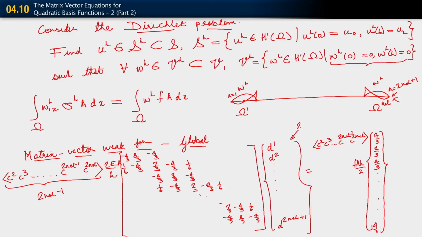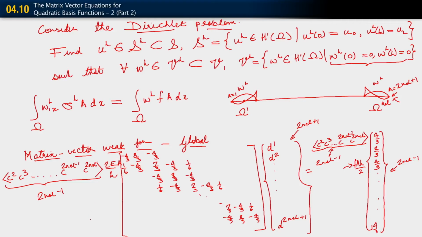This vector, as before, is 2NEL plus 1. This vector is 2NEL minus 1, just like the C vector on the left-hand side, because it is the same. The forcing vector now arises only from the uniformly distributed forcing, which we are assuming to have a constant f. So this is also 2NEL minus 1 in dimension.